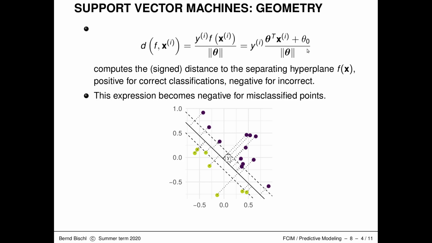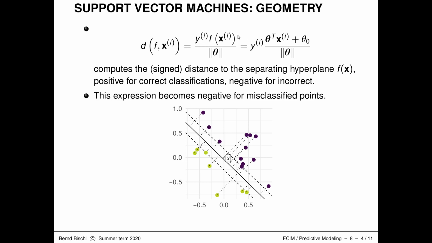Then this distance would tell us whether we are in the positive or in the negative half space, so whether we are in the half space that the orthogonal vector points towards or not. But by multiplying here with the yi, this sign tells us whether the classification is correct, and that's a little bit more useful for us here in machine learning classification.